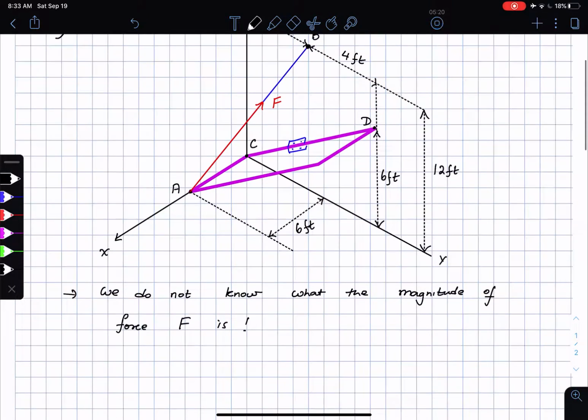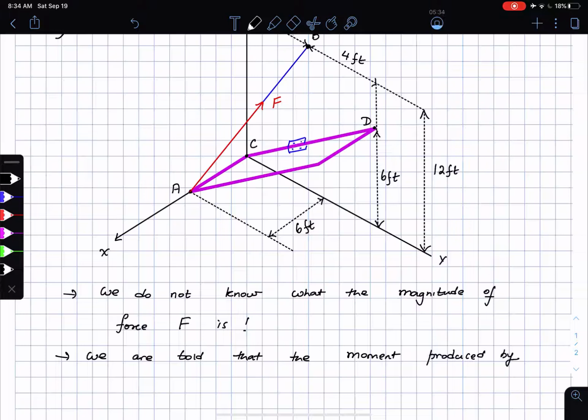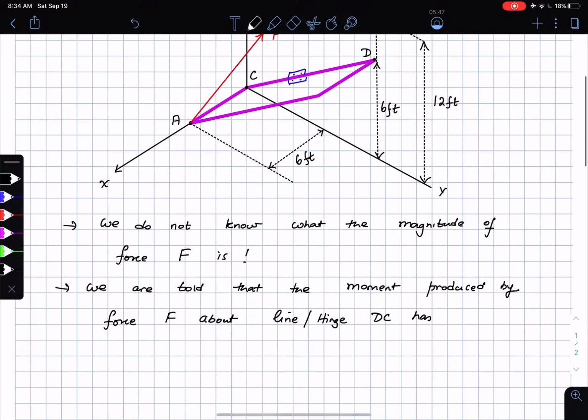We are told that the moment produced by the force F about the line or the hinge DC has a magnitude of 432 pound-feet.